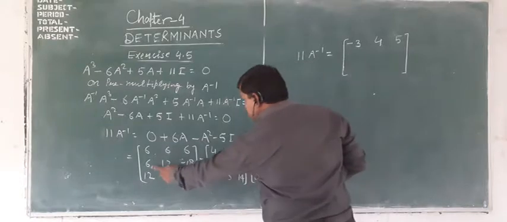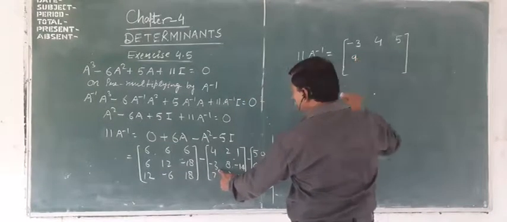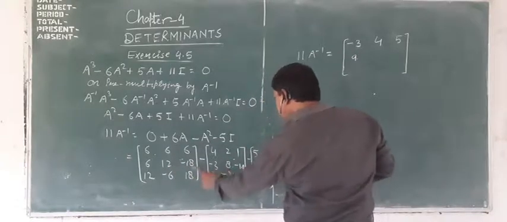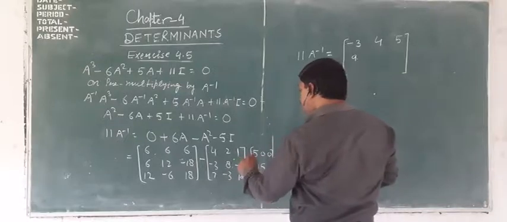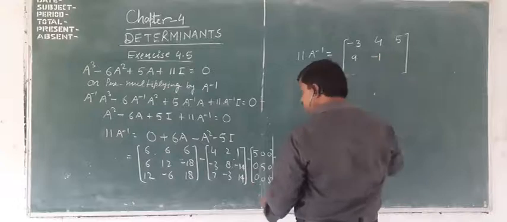Second, 6 plus 3, 9. 12 minus 8, and 12 minus 8 minus 5. So 12 minus 13, this is minus 1.